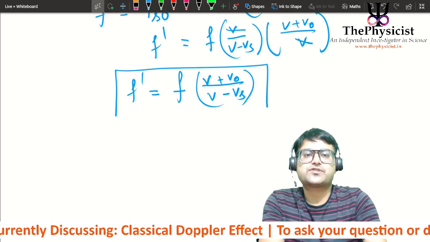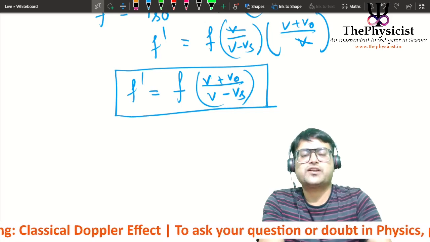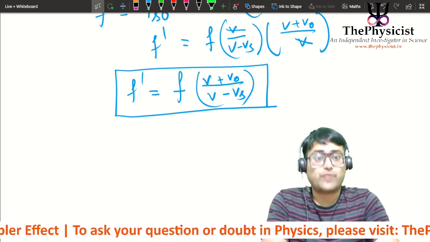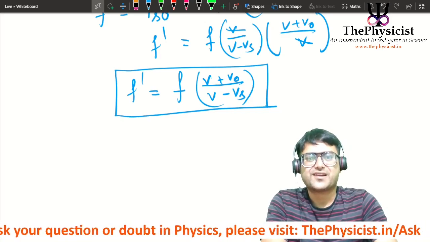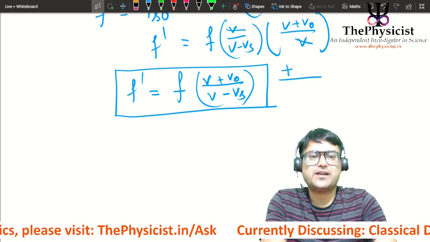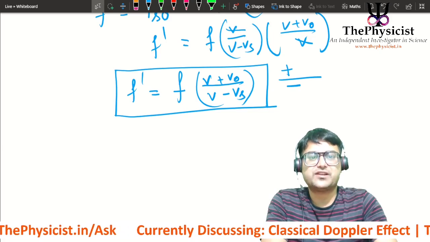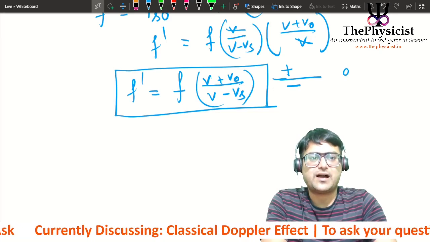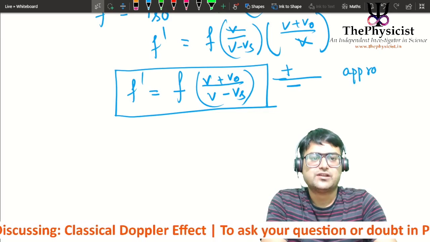Which is actually the only formula that you need to remember, after understanding, of course. In this case, plus in the numerator and minus in the denominator happens for the approach case. But for recession, it will be minus in the numerator and plus in the denominator.